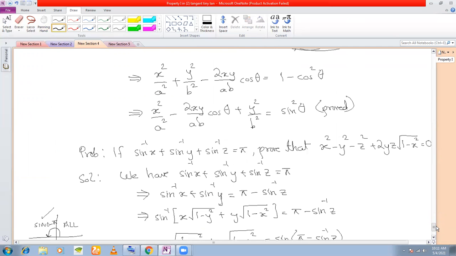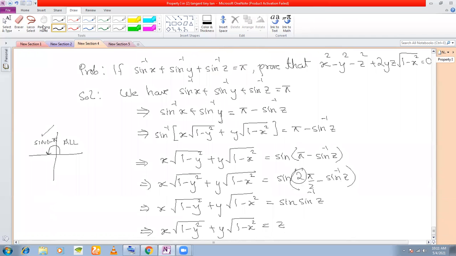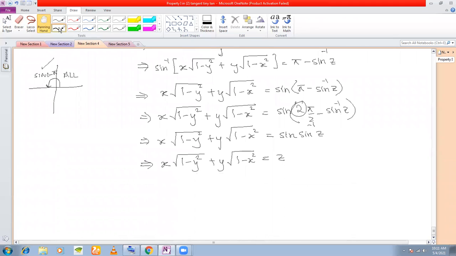You've got this. Now what do I need to prove? I need to prove that x square minus y square minus z square. In order to get x square minus y square minus z square, I will take z minus of this and square both sides.